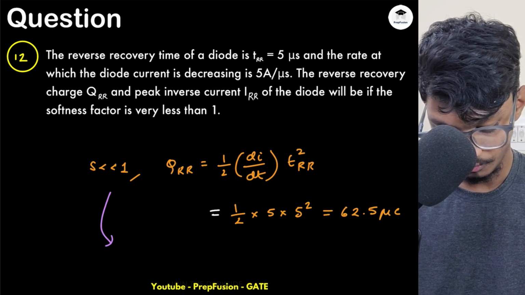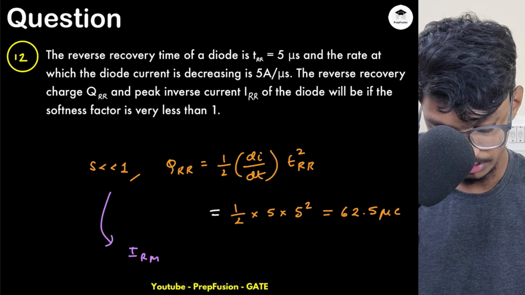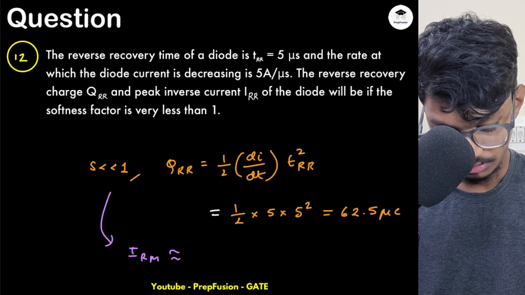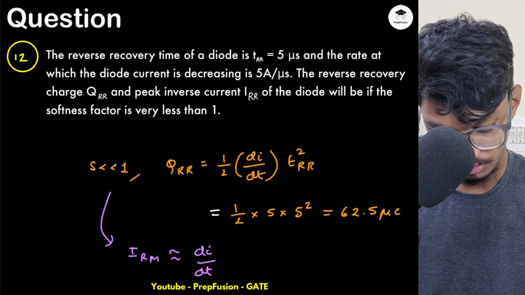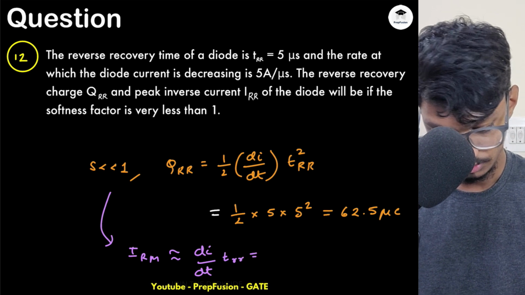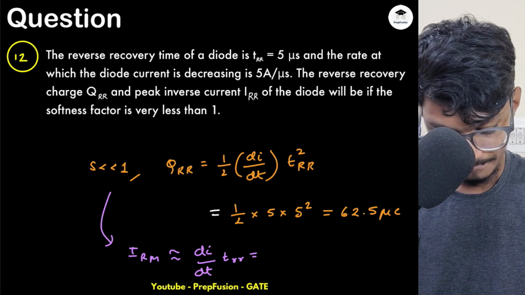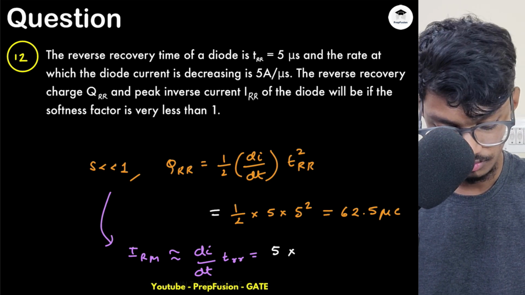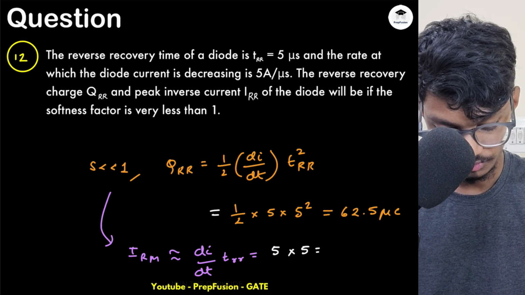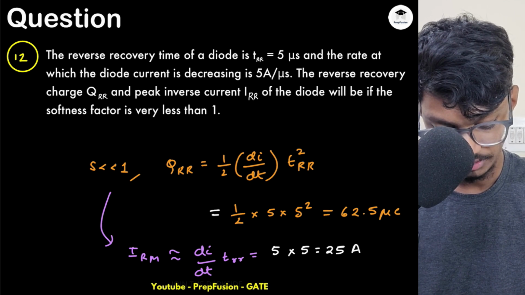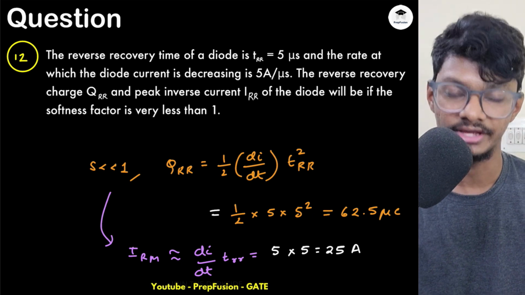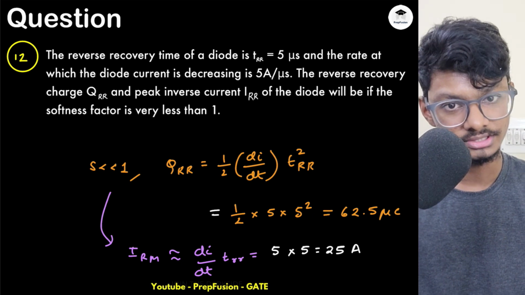So our IRM will almost be equal to di by dt into TRR. This equals 5 ampere per microsecond into TRR, which is 5 microseconds. So this will be 25 amperes. The maximum peak current will be 25 amperes. That will be the answer of this question.